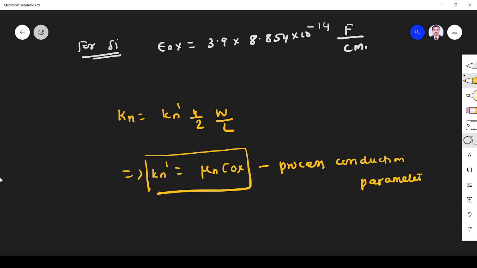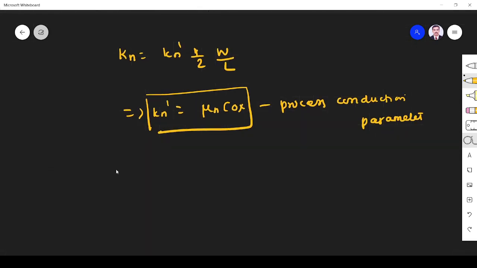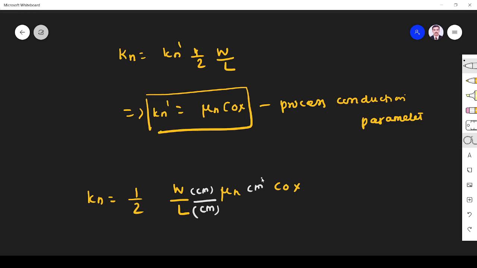Next, what is the unit of Kn? Kn is 1/2 W by L mu n COX. W and L are normally in centimeter. Mobility is in centimeter square per volt second.